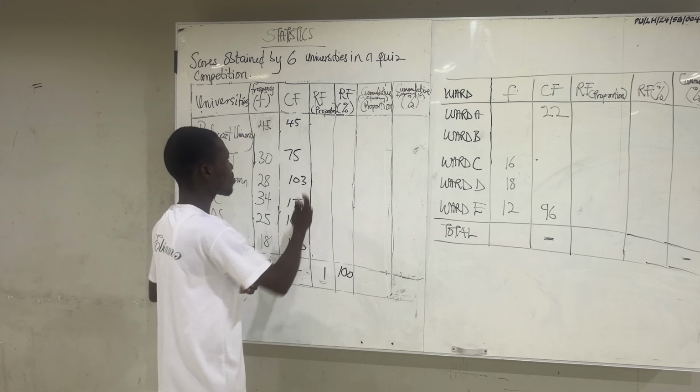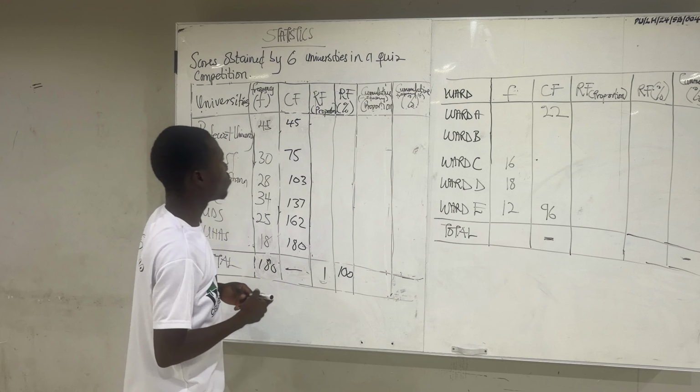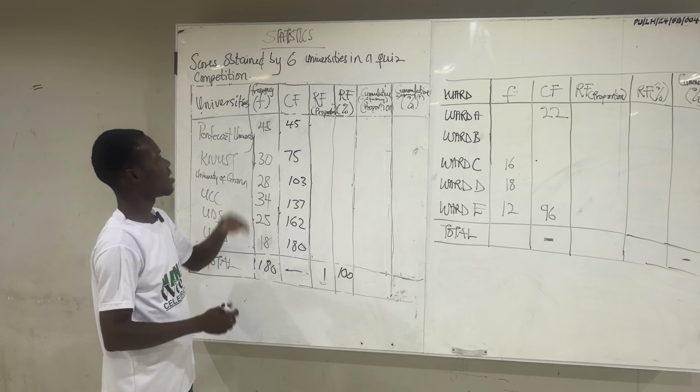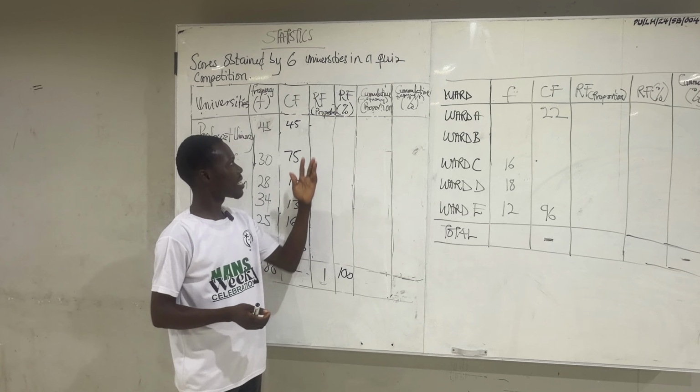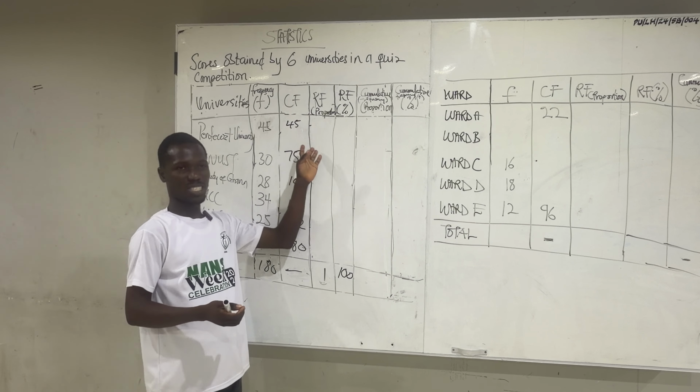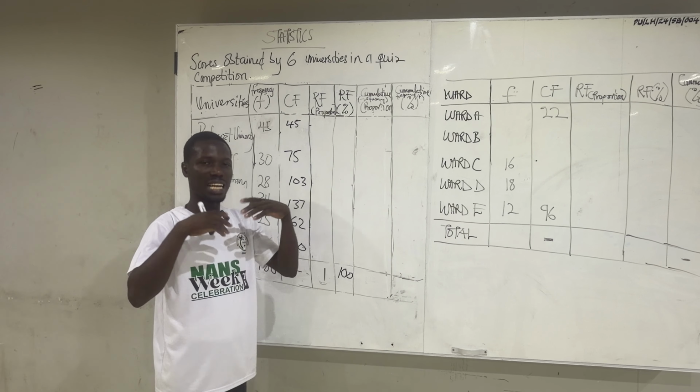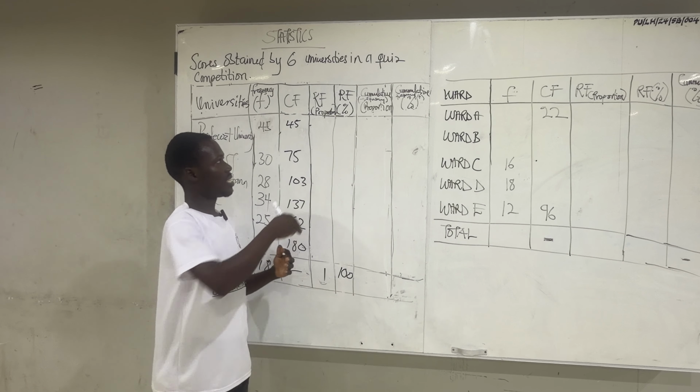Okay. Now let's come to the relative frequency proportion. The relative frequency can be expressed in terms of proportion or percentage. So maybe in an examination, they can just bring only one column like relative frequency.